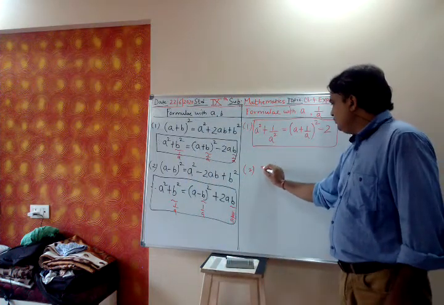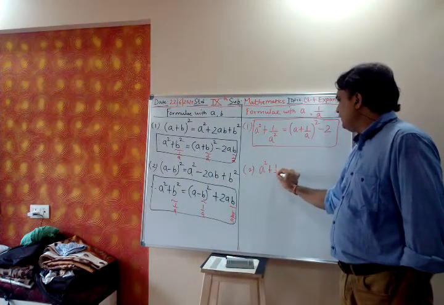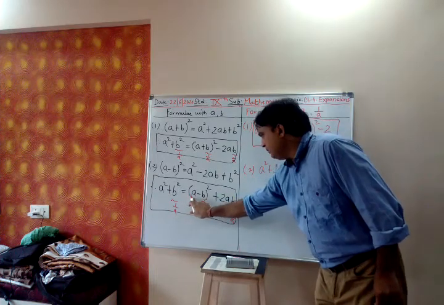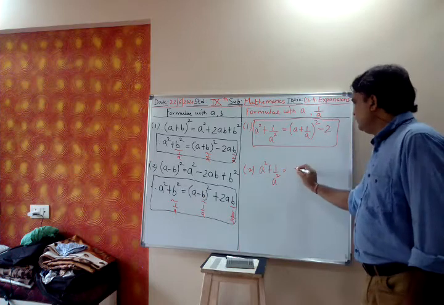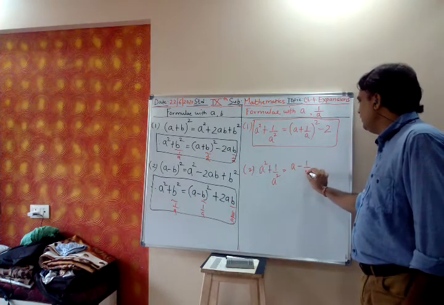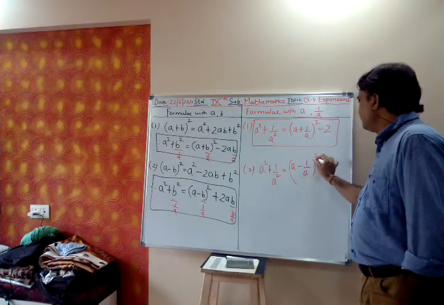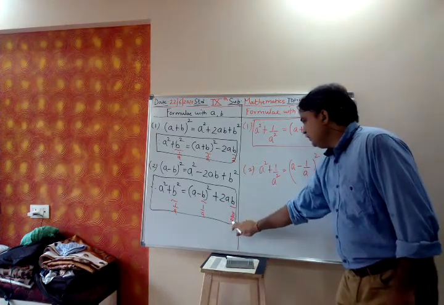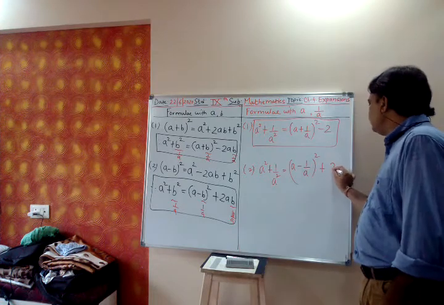So you will get a square plus 1 upon a square is a minus 1 upon a whole square plus 2 into a into 1 upon a. The a's get cancelled. What is left? 2 is left.